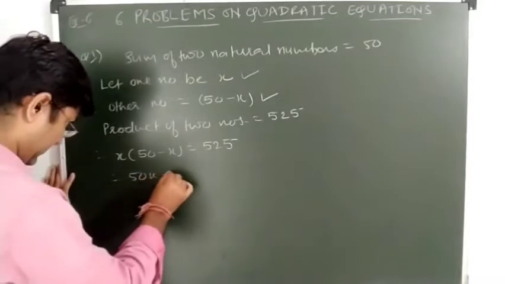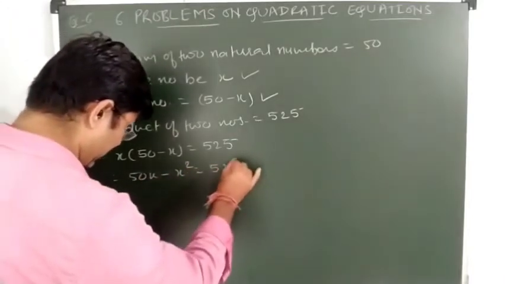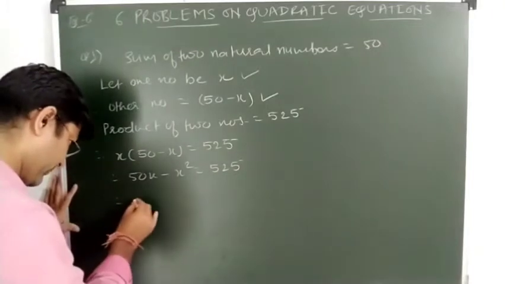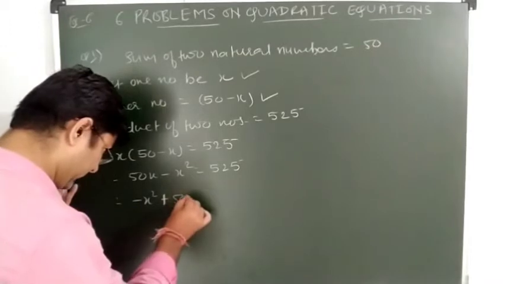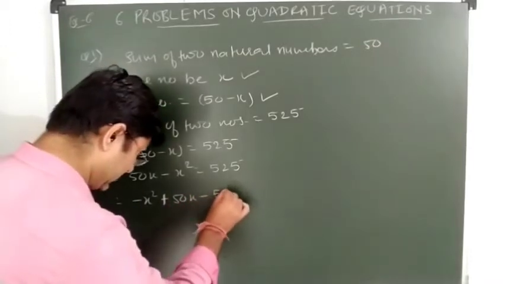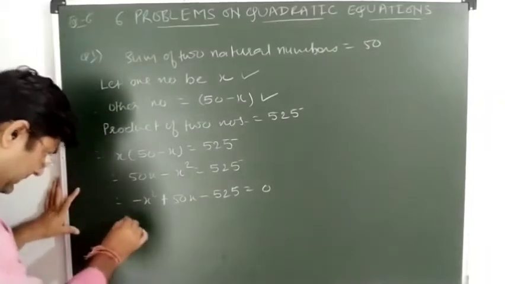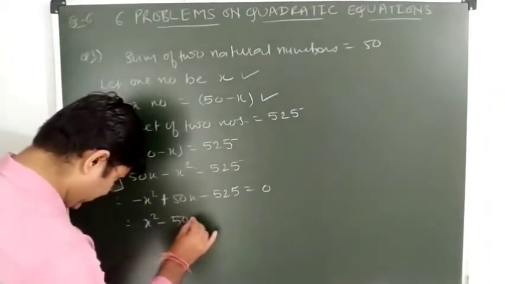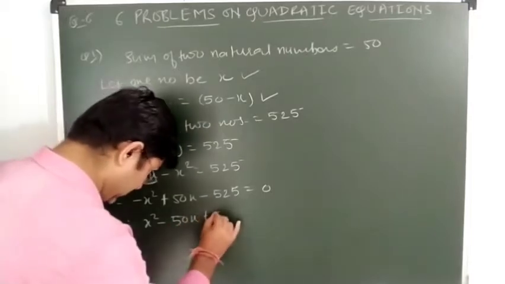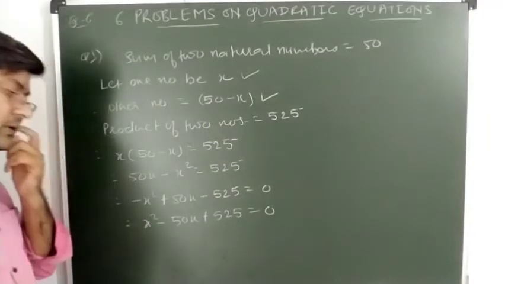Therefore 50x minus x square is equal to 525. Therefore minus x square plus 50x minus 525 is equal to 0. Take minus sign common. Therefore x square minus 50x plus 525 is equal to 0.